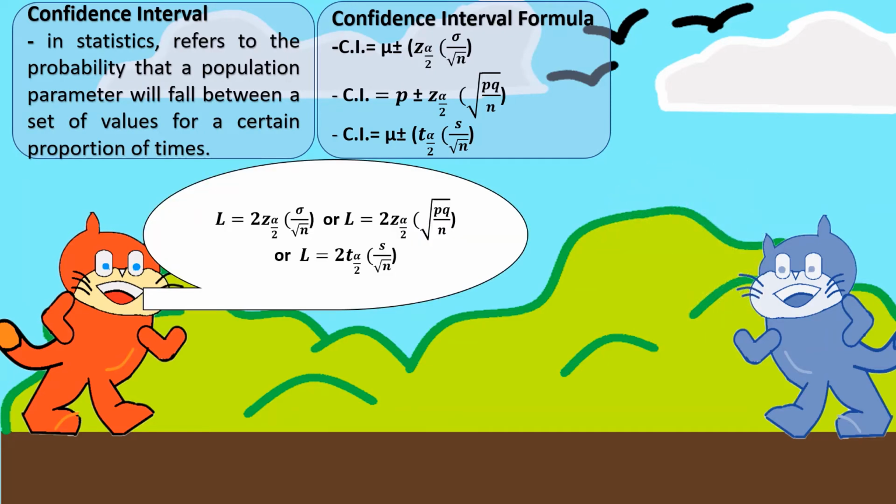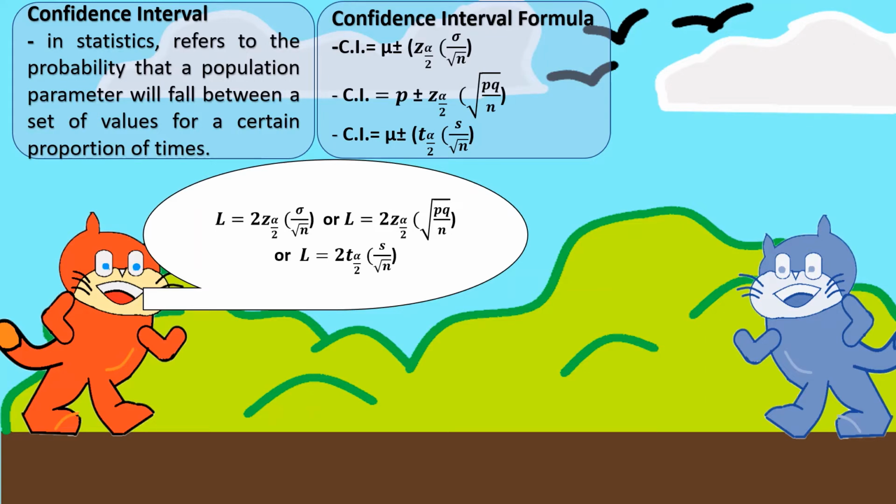We have here three different formulas for our L. So the length L is equal to 2 times the critical value of 2 tail z times the standard deviation or population standard deviation divided by the square root of our n.